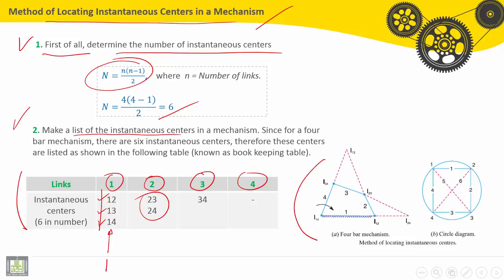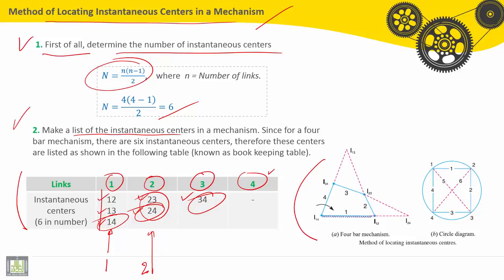For the second link, we list I23 and I24, starting with 2. For the third one, we have I34, starting with 3. And for the fourth link, already done: we have I14, I24, I34.